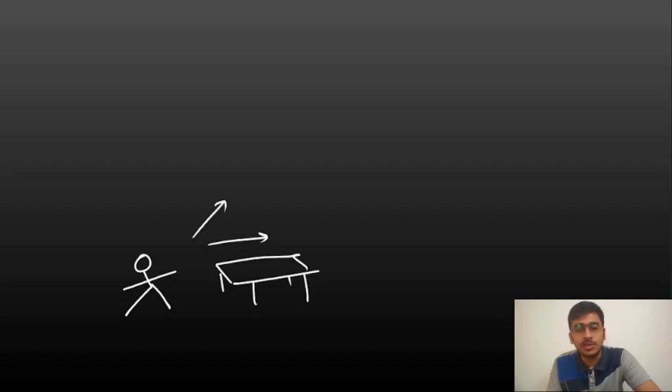And this person says, okay, I won't push the table in the upward direction. He'll push this table in a bit more angled manner. So this is the displacement that he wants, and this is the direction of force that he has decided to apply. So this is where he applies his force. The angle between these two is, let's say, theta.